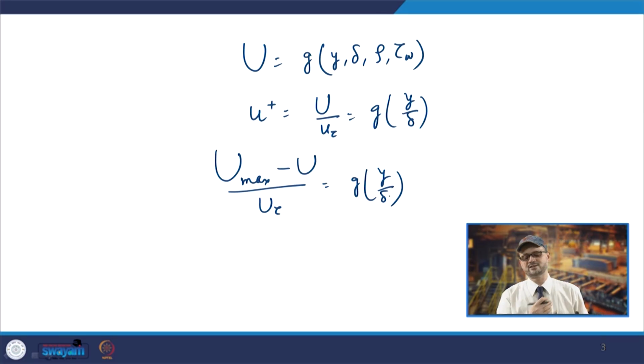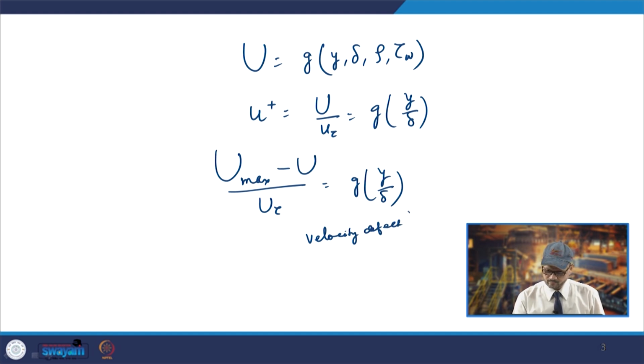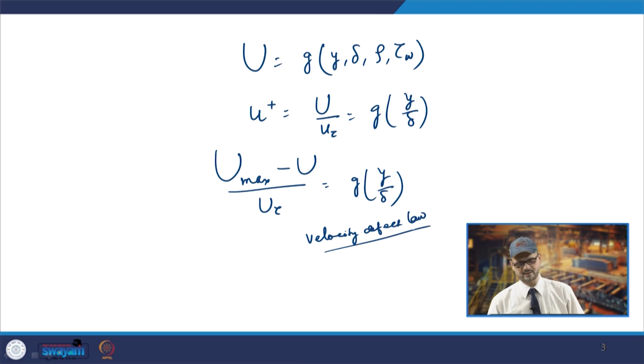That is what we had seen earlier also, that you get such a relationship. This is known as the velocity defect law, because we are getting the velocity deficit in that case.